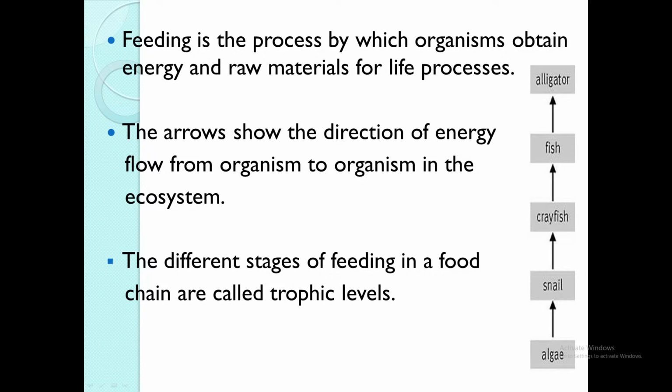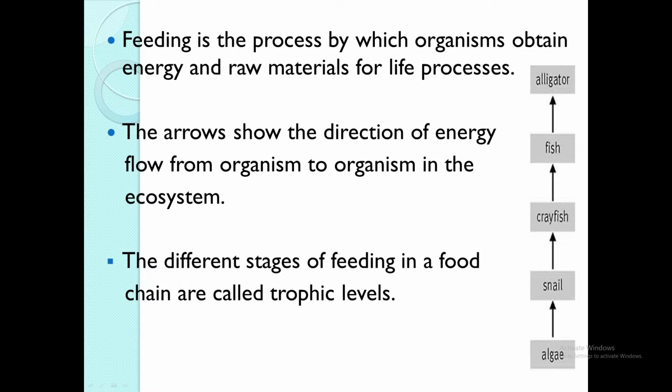So the arrows in a food chain normally show the direction where the energy is basically traveling. So the second point is saying the arrow shows the direction of energy flow from organism to organism in the ecosystem.